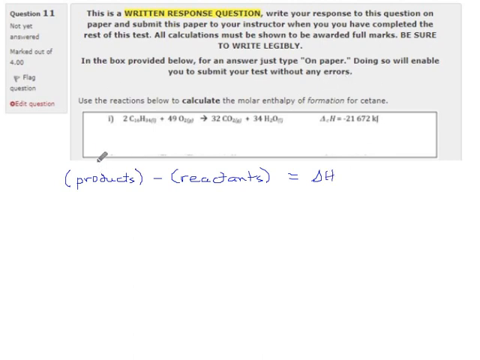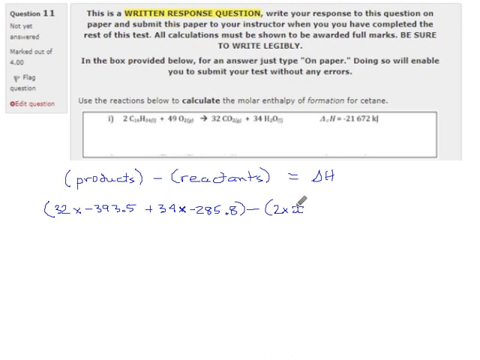If we get into that in more detail, the products would be 32 times minus 393.5, that's carbon dioxide, plus 34 times, that's liquid water, so minus 285.8 is the heat of formation for liquid water, minus, on the reactant side, we have 2 times, I was going to use C for cetane, but that'll look like carbon, which might be a little weird.